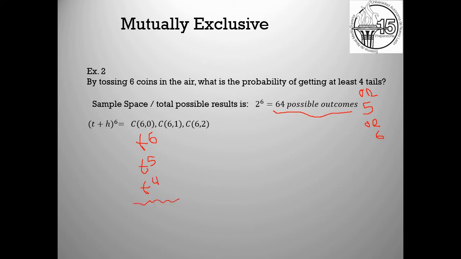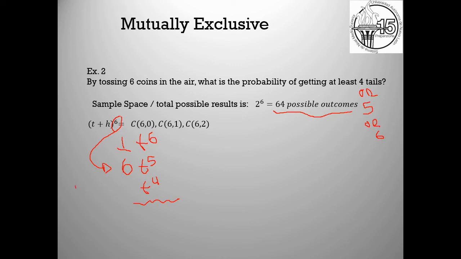It's not necessary to complete the whole binomial. Now we need to calculate the coefficient. The first term, always the coefficient will be 1. The second is the exponent of the binomial, and the third term we need to calculate.